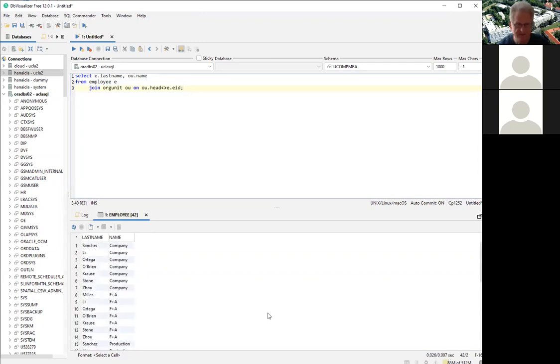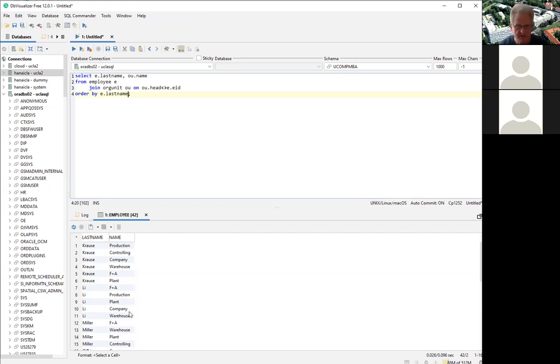That is happening because for all non-heads the connection is unequal for all org unit records an employee is connected to. So let's make it a little bit clearer if I order that by E.last name. So that's even better.